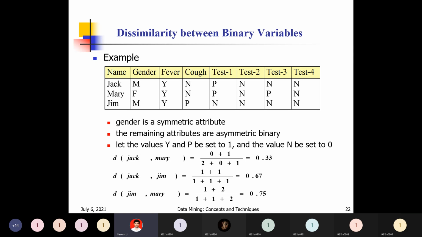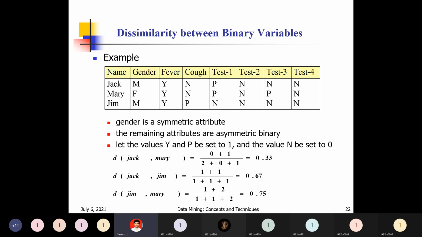Just compare all the values for Jack and Mary. For cough, those two are 0 0. Next, for test 2, we have the value for Jack and Mary as 0 0.